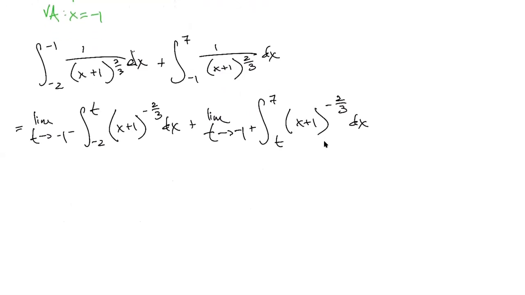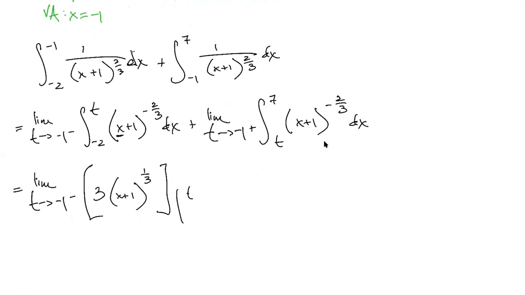All right. So let's take our integrals. We're going to need to use our power rule here, and u-sub, but this coefficient is 1, so we don't really need to worry about it. So I get (x+1) to the power of -2/3 plus 1, which is 1/3, and the reciprocal of that is just 3.